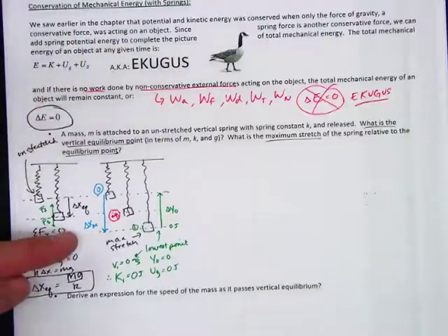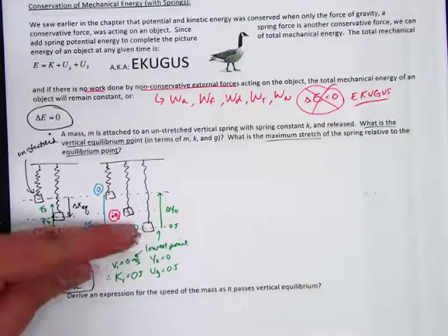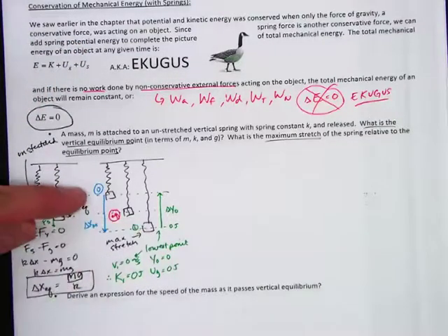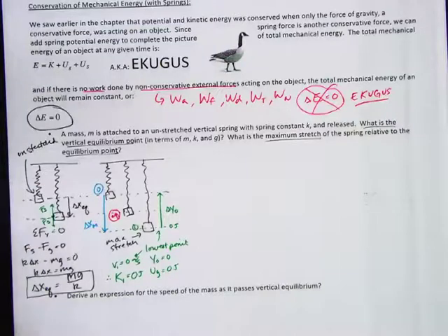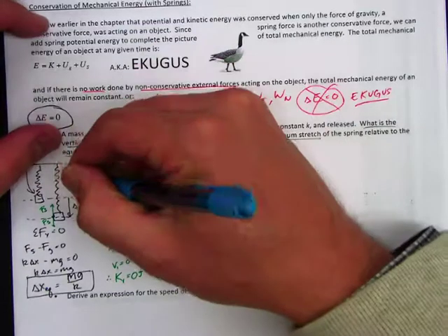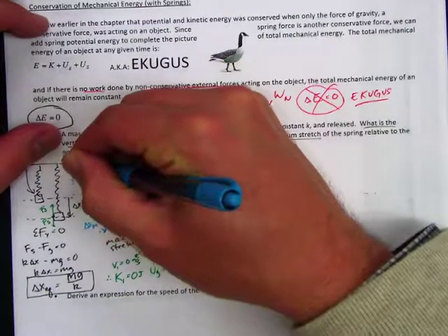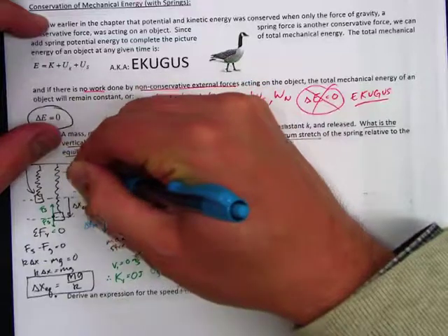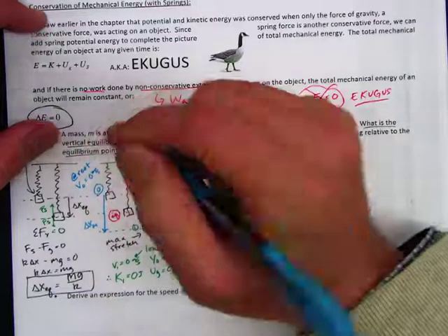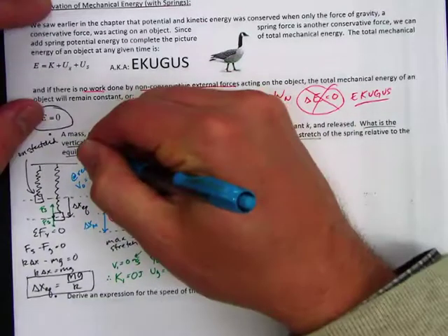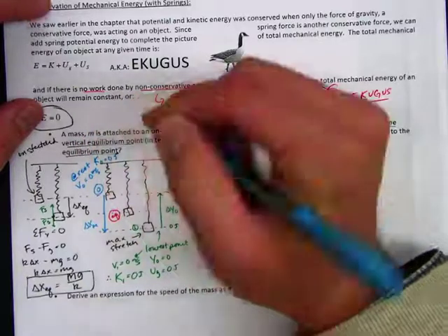So relative to my potential being 0 here, I'm going to have all spring potential here, where I had basically all gravitational potential, because it began at rest and then I dropped it. So V initial is also 0 meters per second. Therefore, K initial is 0 joules.